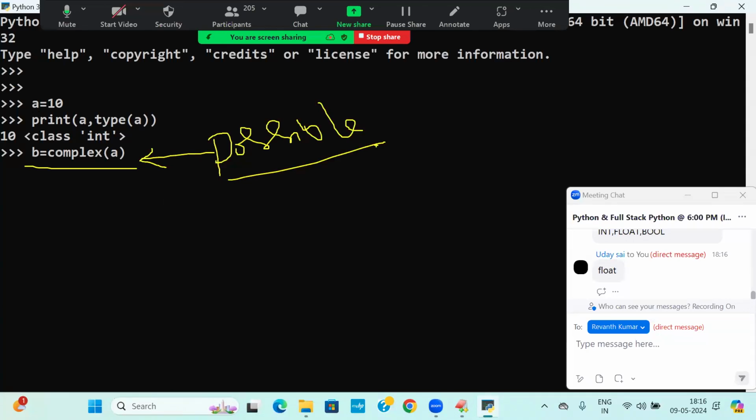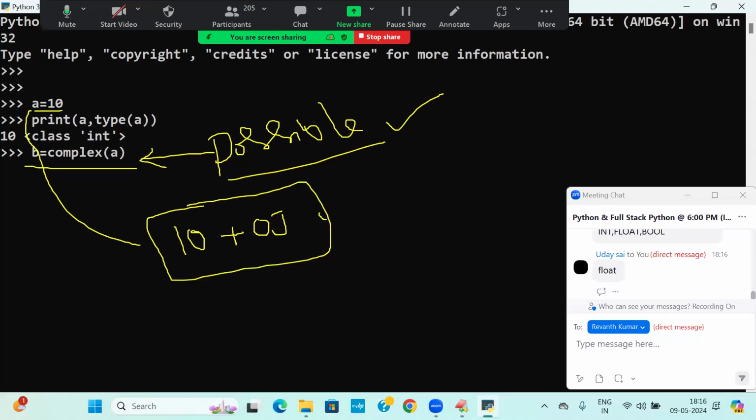It is possible, because this value 10 is converted into complex as 10 plus 0j. This is going to be taken as a complex number.